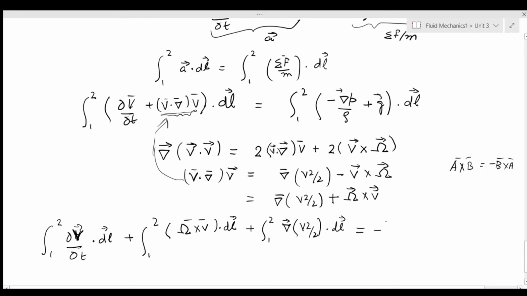This is equal to minus integral 1 to 2 of 1 by rho del P dot dl plus integral 1 to 2 of G dot dl.